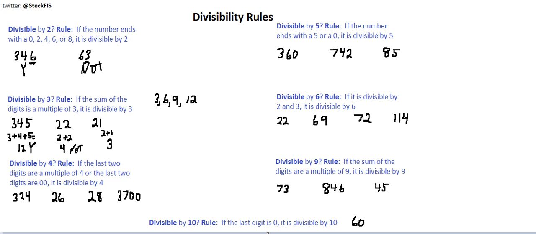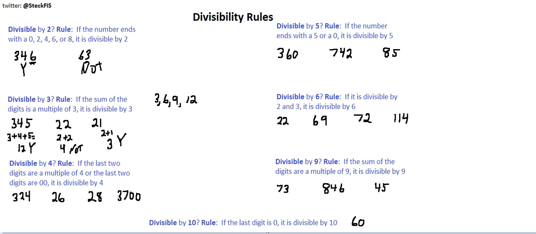That equals 3. Is 3 on our list? Yep. So yes, 21 is divisible by 3. So 345 would be divisible by 3, because if you add those digits up, you get 12, which is a multiple of 3. And 21 is divisible by 3, because if you add 2 plus 1, you get 3, and 3 is a multiple of 3.